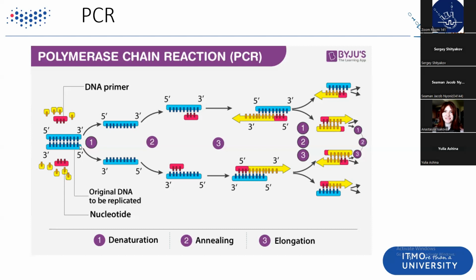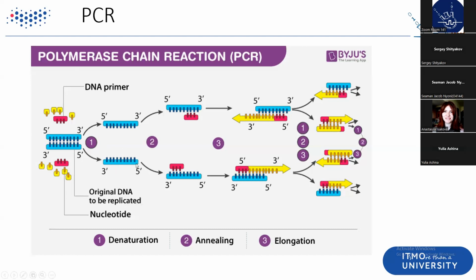To perform the amplification process, then you would use the original DNA to be replicated in some nucleotides. Then the first stage is the denaturation, when you will program the chamber from 94 to 98 degrees for at least 20-30 seconds.